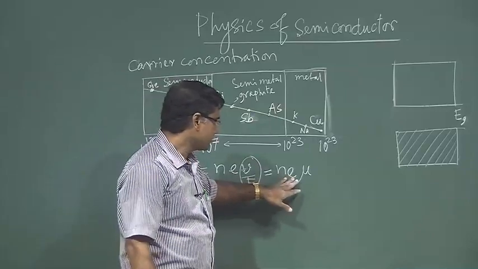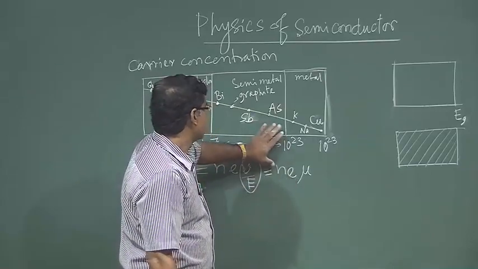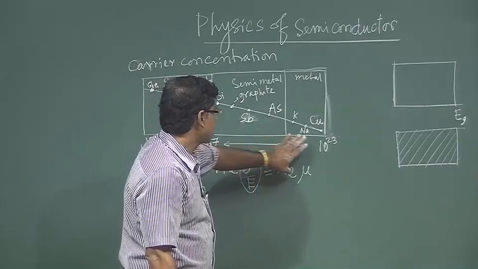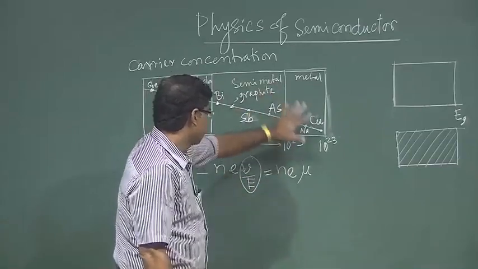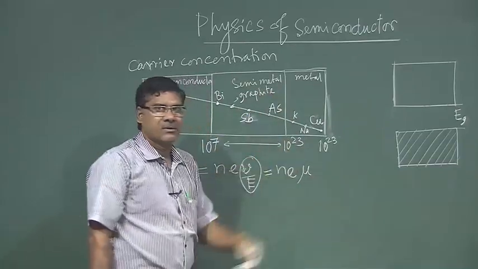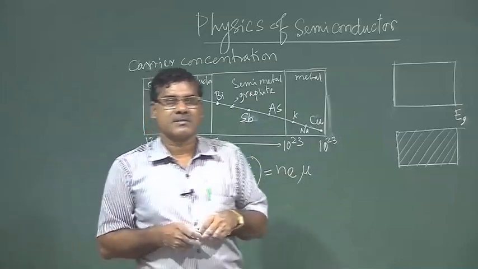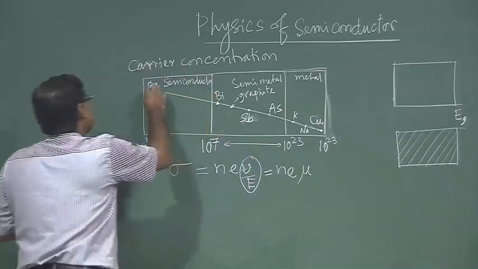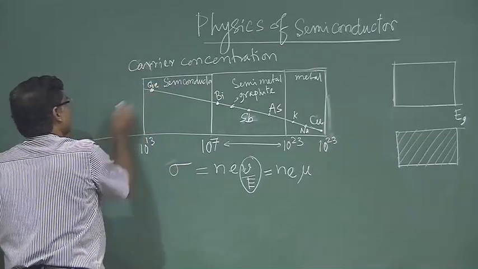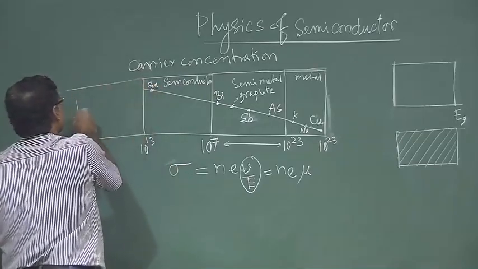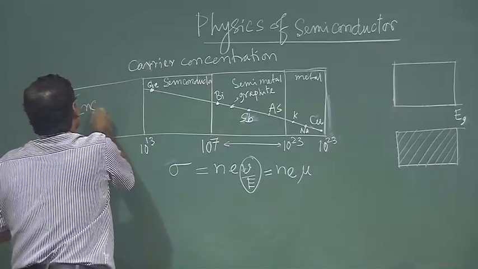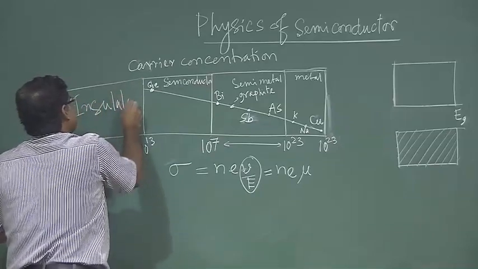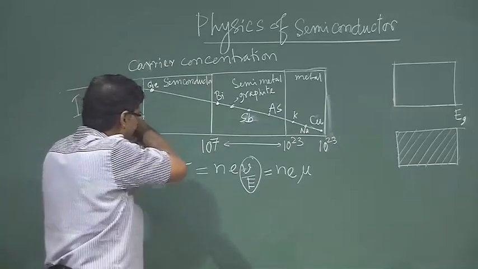So, thus from the concentration of the different materials, one can also distinguish metal, semiconductor, semimetal, and insulator. Basically, if you go to the lower side, this side will be insulator. So, forget it, we are not interested in insulator now.